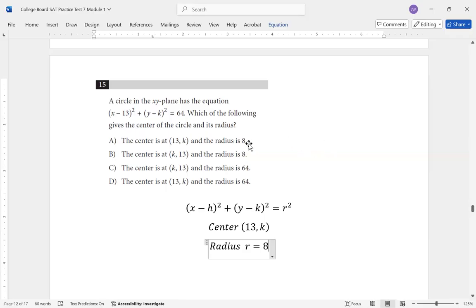So we look at the options. That is describing option A. Option A says the center is at 13 comma k, the radius is 8. And that's it. So question 15, the correct answer is A.